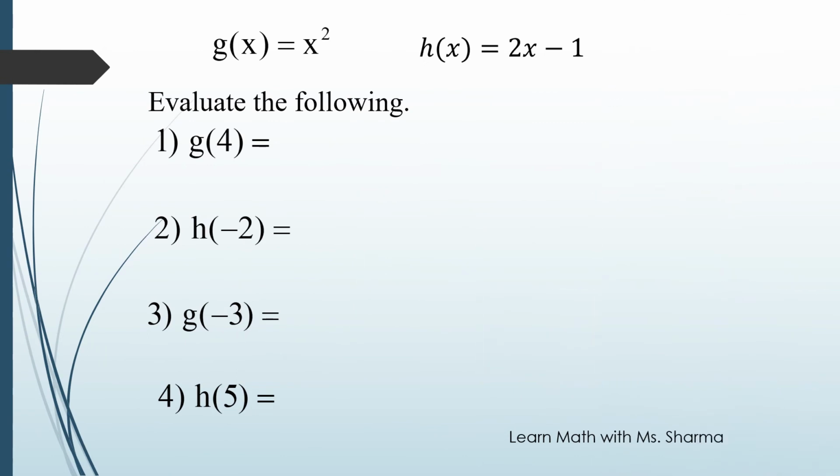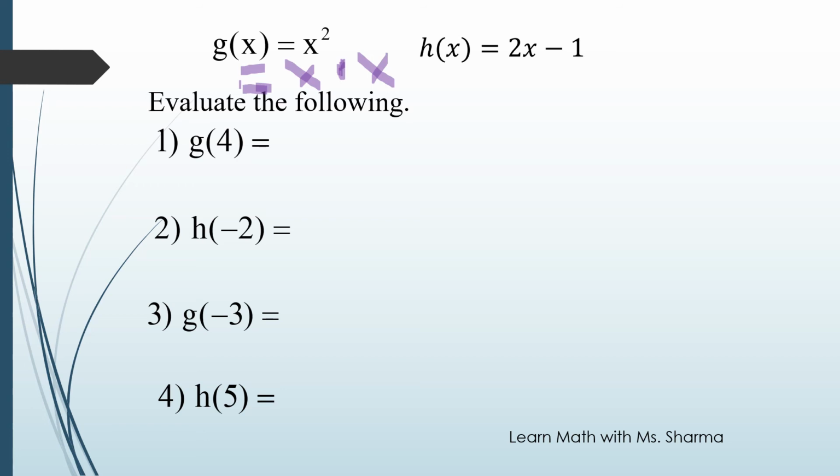Now we compute the values. So g of x equals x squared means x times x. It doesn't mean 2 times x, a common mistake people make. It's x times x.